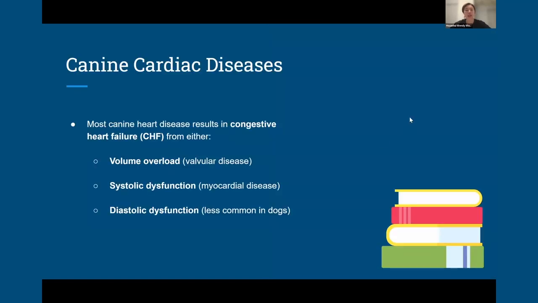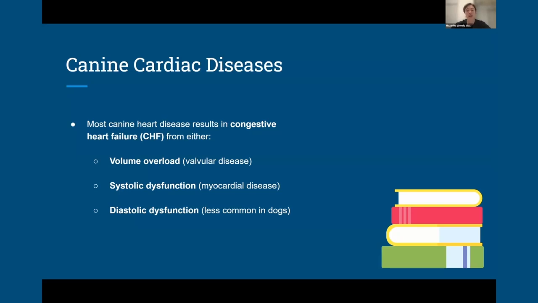We will start with canine cardiac diseases. The most common canine cardiac disease will result in congestive heart failure, and there are three mechanisms by which this can happen. Number one, there's volume overload, which often occurs from valvular diseases, mainly mitral valve, which we will cover very shortly.